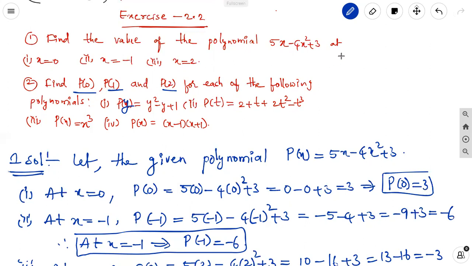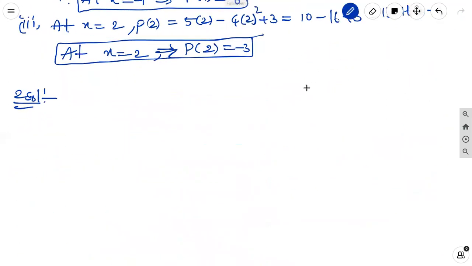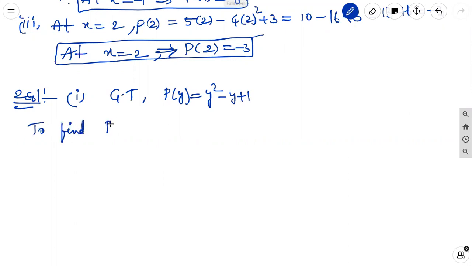Now we are taking the first problem, given that p of y equal to y square minus y plus 1. In this case, to find p of 0, p of 1 and p of 2.